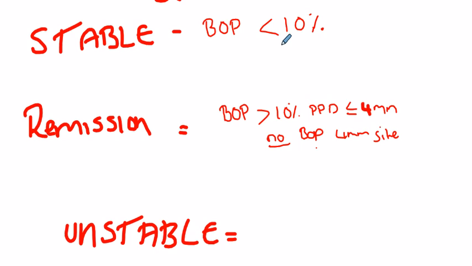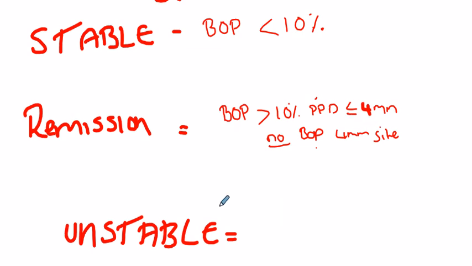So overall, less than 10% bleeding on probing, everything's stable. If there's more than 10% bleeding on probing, and there are periodontal pockets of less than or equal to 4 millimeters, and there's no bleeding on probing at those 4 millimeter sites, it is in remission.